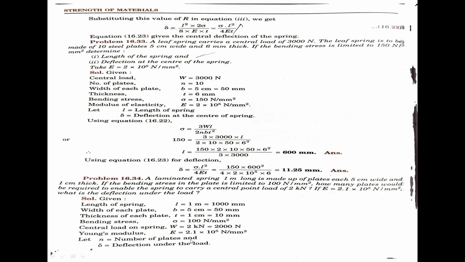So substituting y equal to t by 2, finally we get R equal to E into t by 2 sigma. This is the equation for the R value.